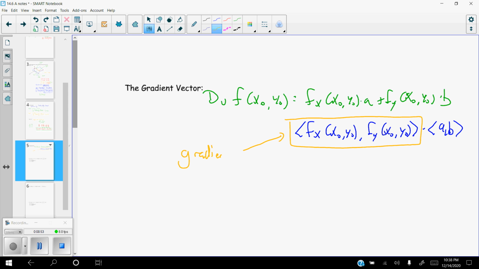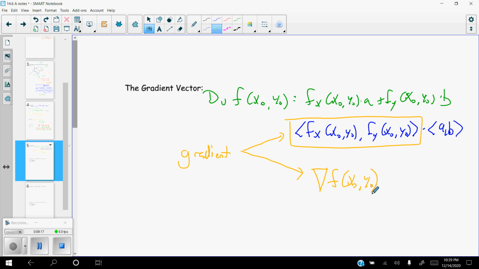That's the gradient vector. Also notated by this kind of weird looking upside down triangle. That is known as the gradient. If you see that, that means find the gradient. And all the gradient is, once again, is the partial of x and the partial of y vector. That's it. That's what the gradient is.